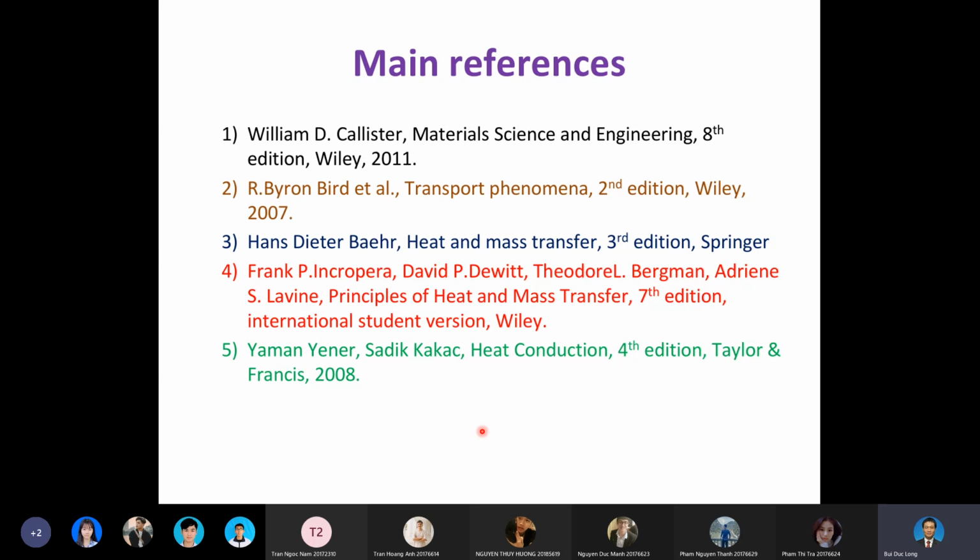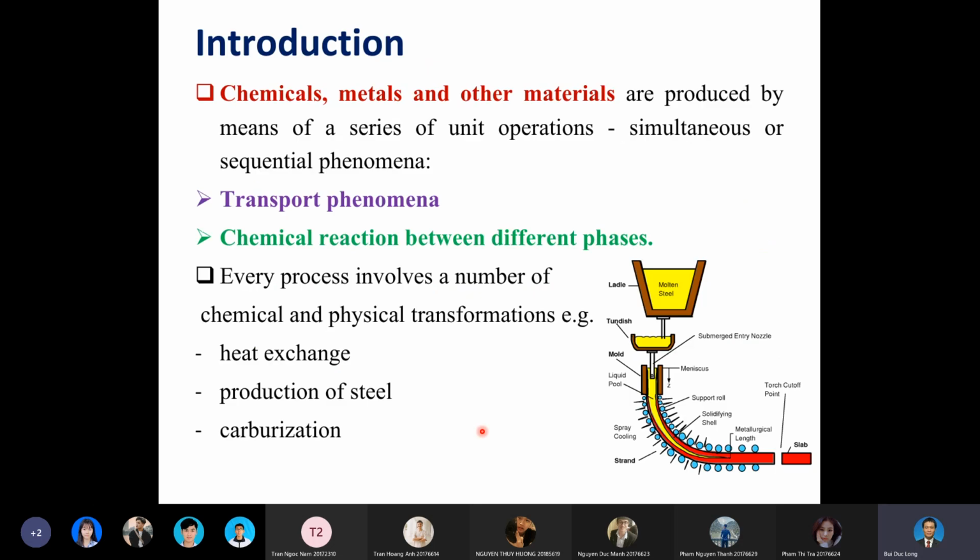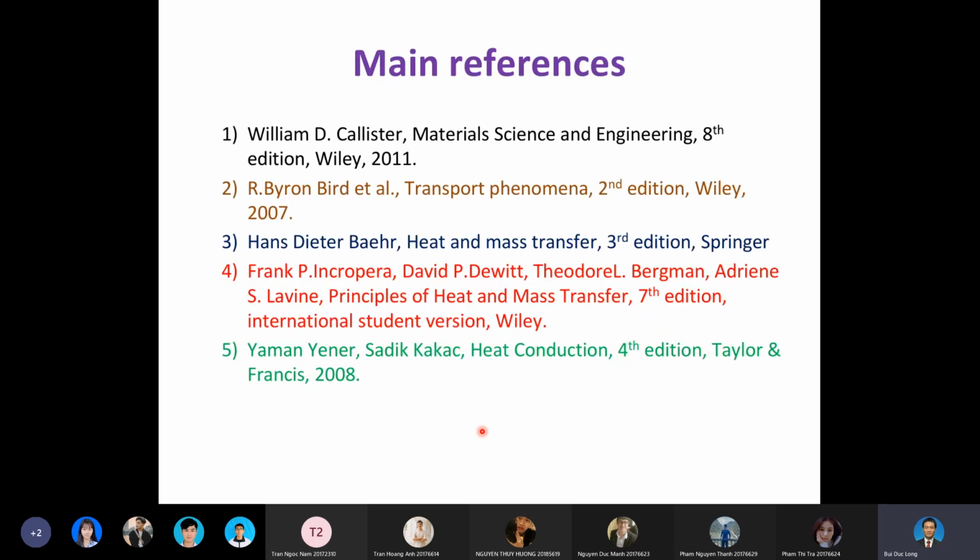Please remember that this course contains a lot of equations, and the exam is all about solving the equations and calculation. Please remember that. Okay, those are the references.